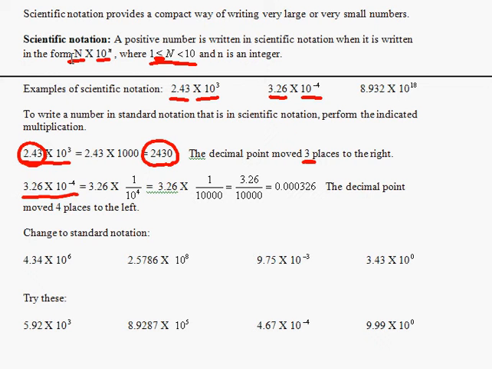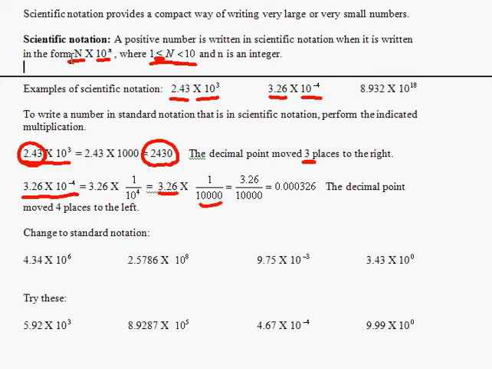Okay, when I'm doing 3.26 times 10 to the negative 4, because that exponent is negative, remember I have to turn that into 1 over 10 to the 4th. Don't forget from your last lesson, we take a negative exponent, we make it positive by moving it across the fraction bar. So that's 1 over positive 10 to the positive 4. 10 to the 4 is 10,000, so I'm actually multiplying 3.26 times 1 over 10,000. That, of course, gives me 3.26 divided by 10,000.